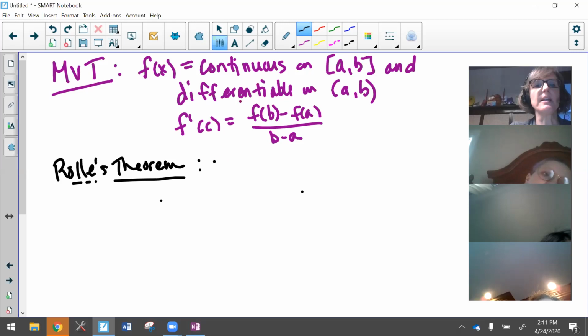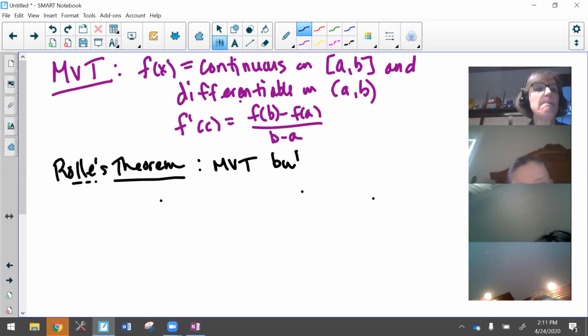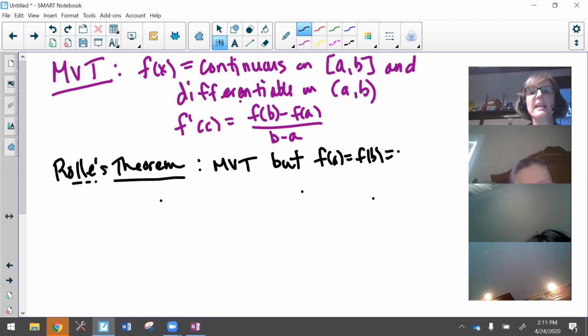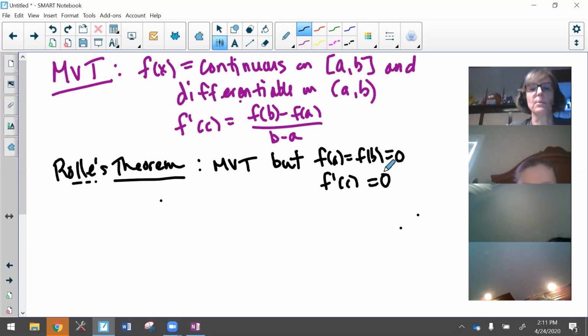So Rolle's theorem is like the mean value theorem, but f of A and f of B have to be equal to 0. And f prime of C also has to be equal to 0. So Rolle's theorem only works in certain situations. And honestly, I tend to forget about it, because if you understand the mean value theorem, then you understand this is just a special case.